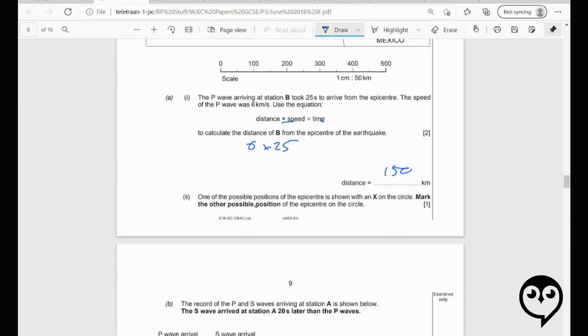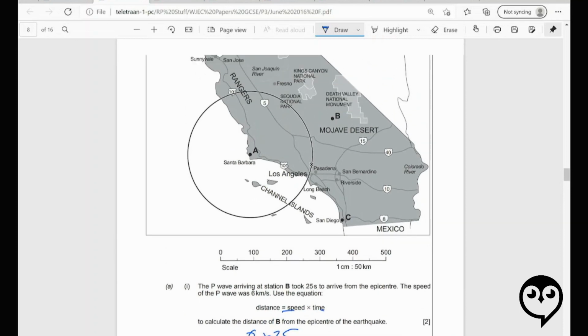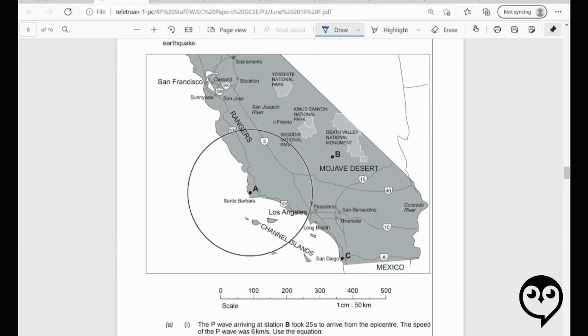Okay. One of the other possible positions of the epicenter is shown with an X. So mark the other possible position. I think what you want to do is get a piece of paper, and you might need to get a scale, and say, hey, I'm going to measure this 150 from the epicenter.